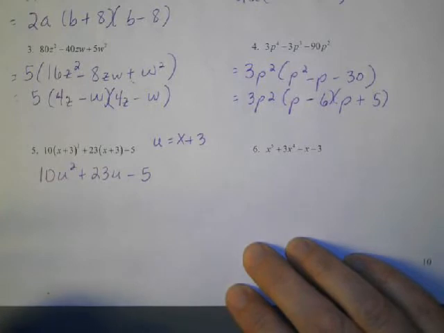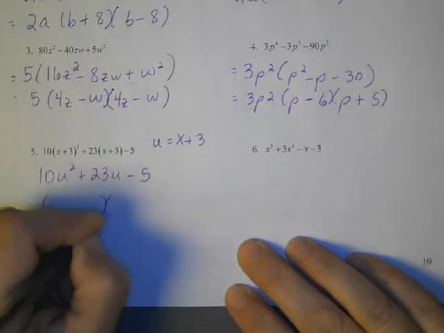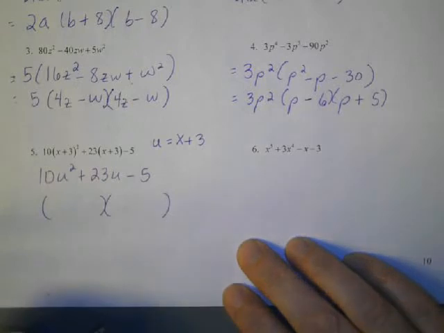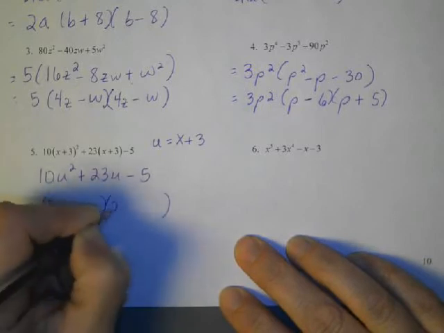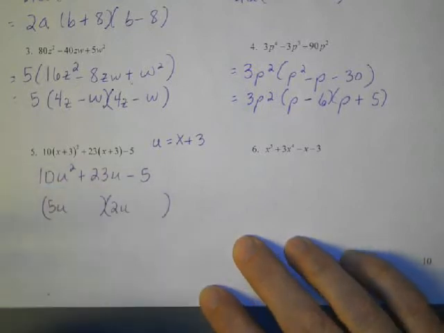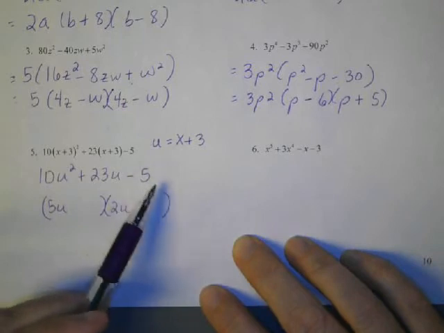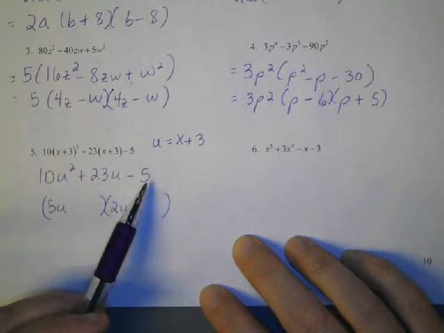Now I'm going to factor this trinomial. So I need to find a way for 10. I'm going to try 5 and 2. I also need to multiply to 5. Well, the only way to do that is 5 and 1.